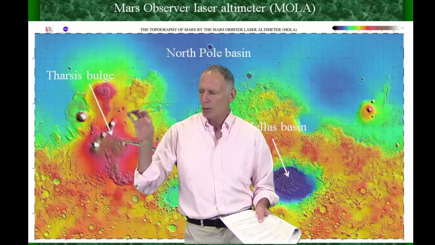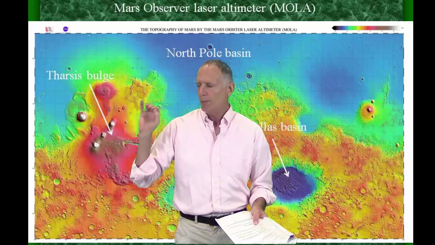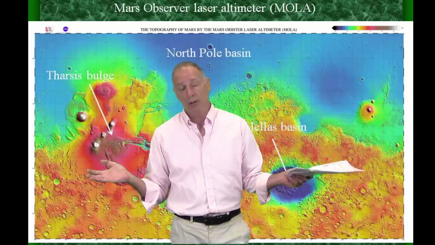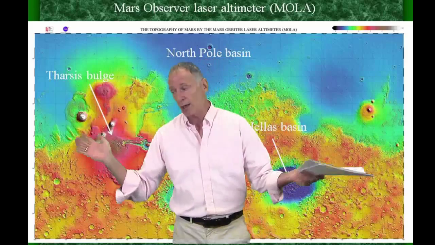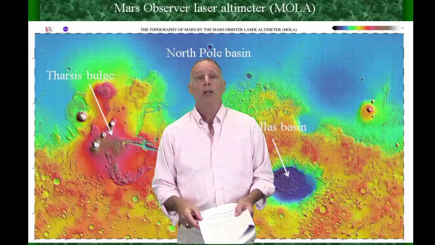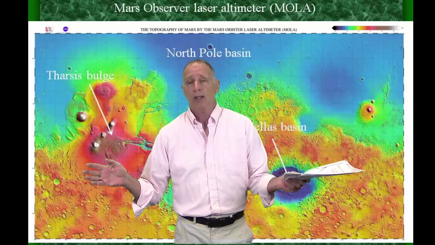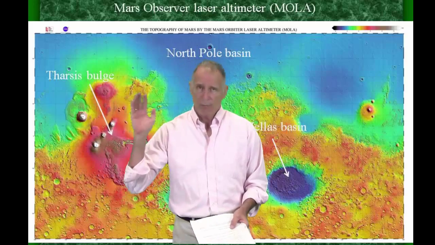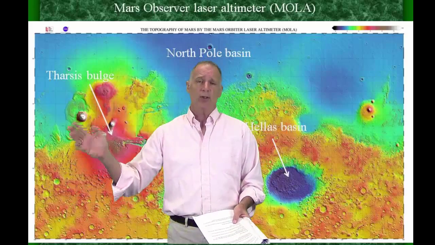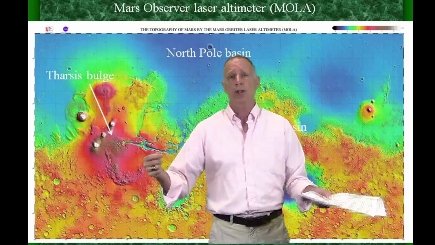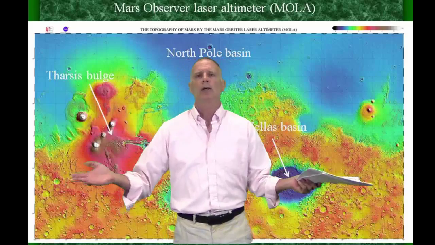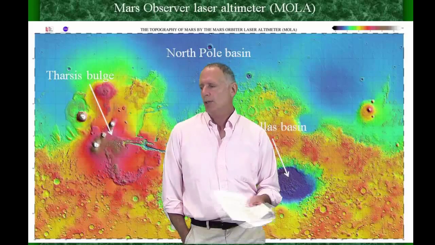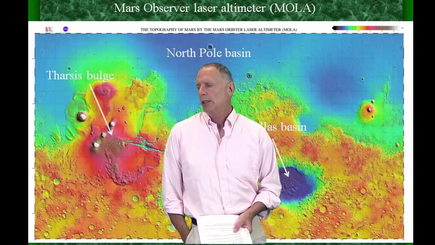those outflow channels look like they're flowing into the North Pole Basin, and so it looks for all the world like Mars had an ocean on it, back at least in the Hesperian, maybe even into the Amazonian. And we find evaporites, sulfide evaporites, which are indicative of evaporation, or in this case sublimation, because the surface of Mars is cold.